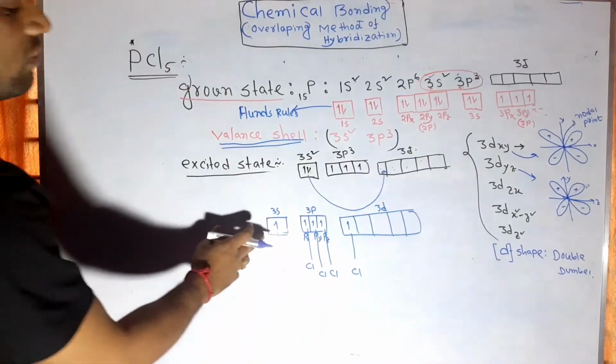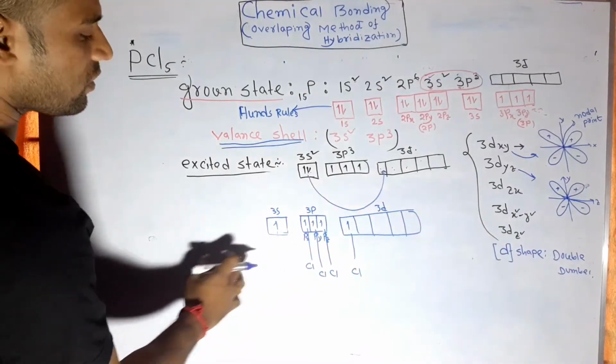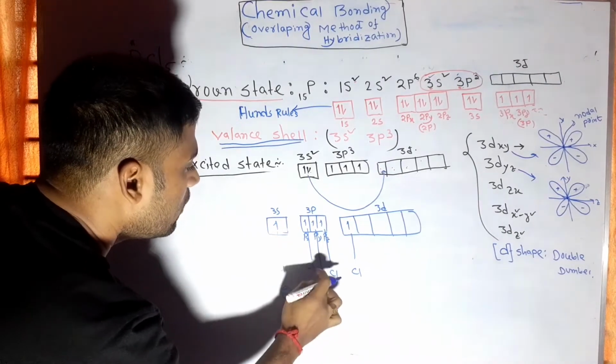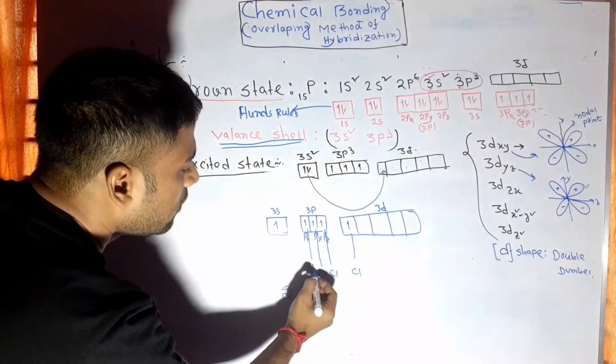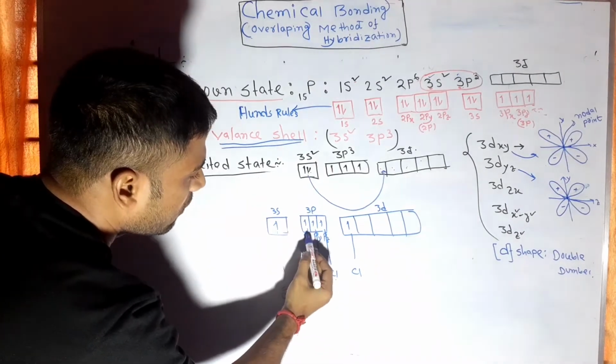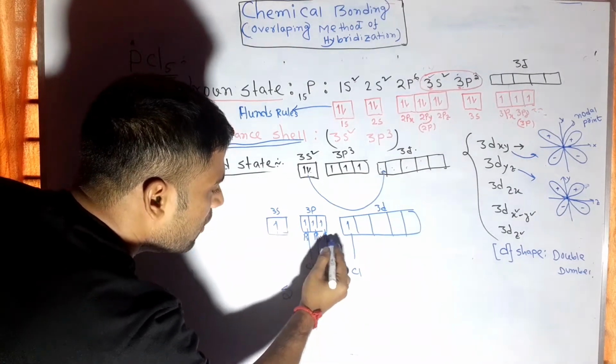So the surrounding atoms bond with the configuration of the central atom, using the 3s orbital and 3p orbitals. 3 chlorine atoms are paired with the unpaired 3p electrons. That means the orbitals used are 3p: px, py, pz.